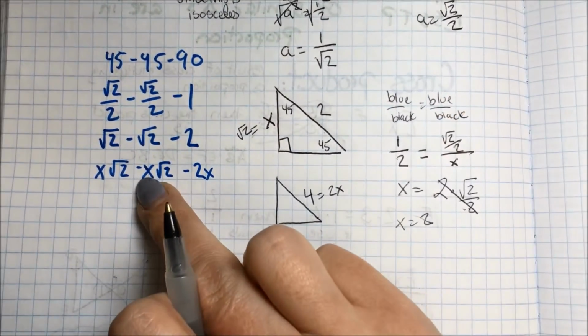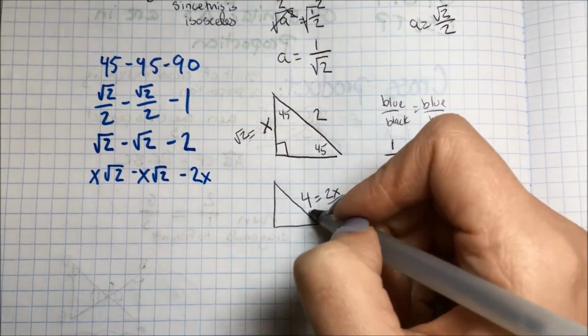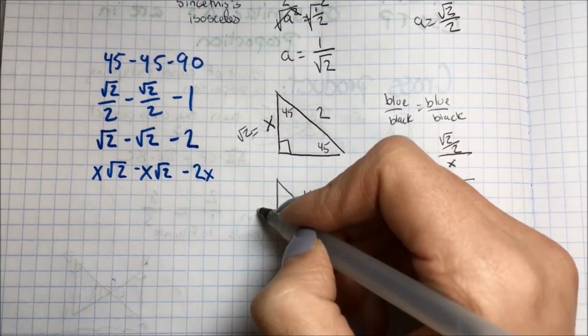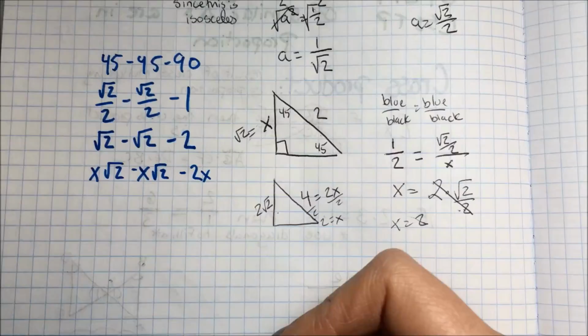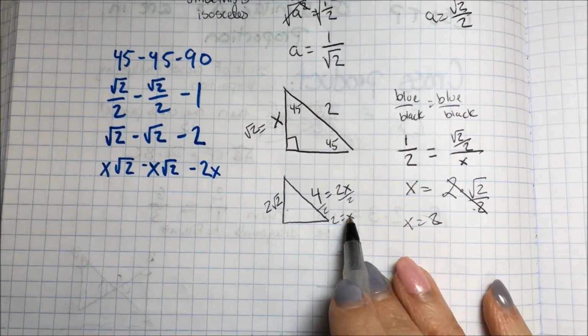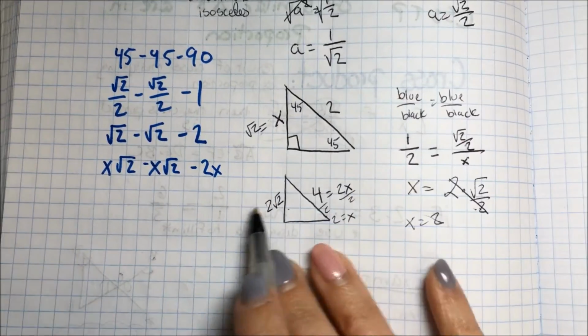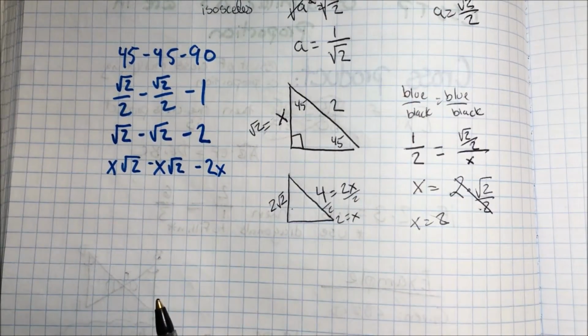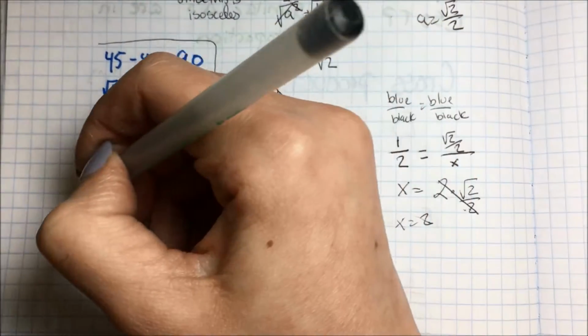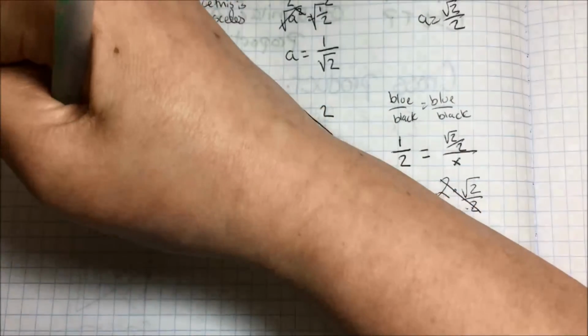So to find x, I divide both sides by 2. I get 2 equals x. So this side must be x radical 2, or 2 radical 2, because I found x is 2, because 4 was equal to 2x. So this is one way to remember the proportion of the sides.